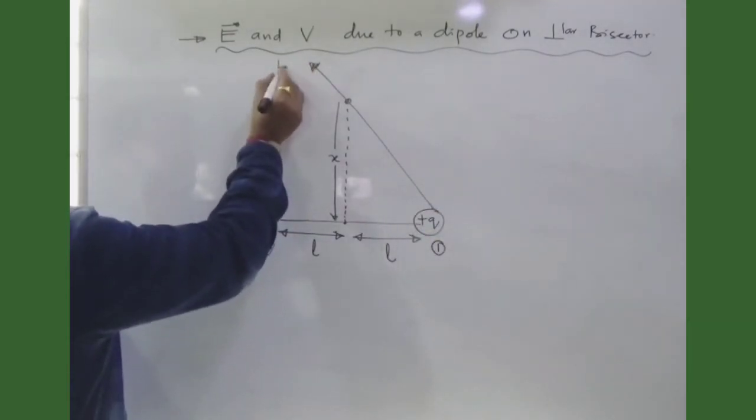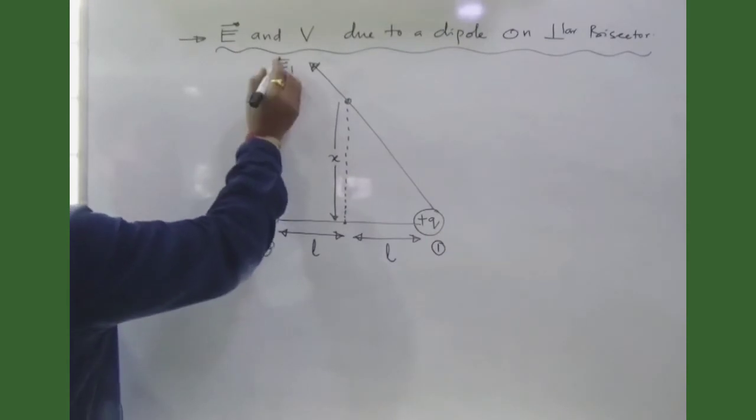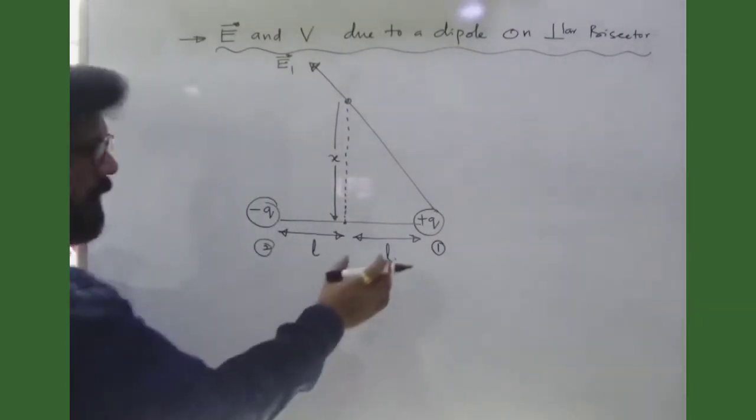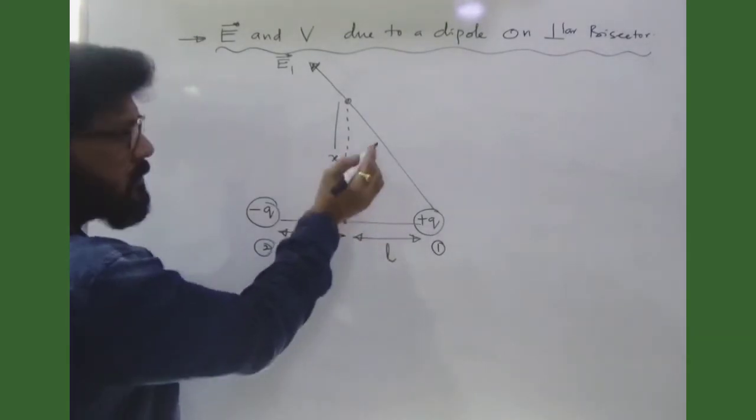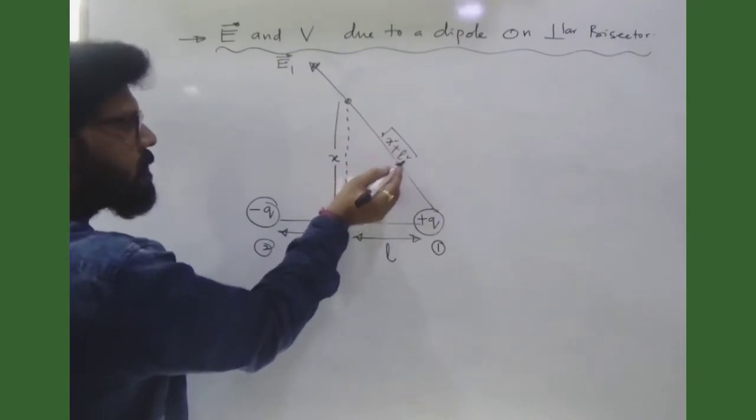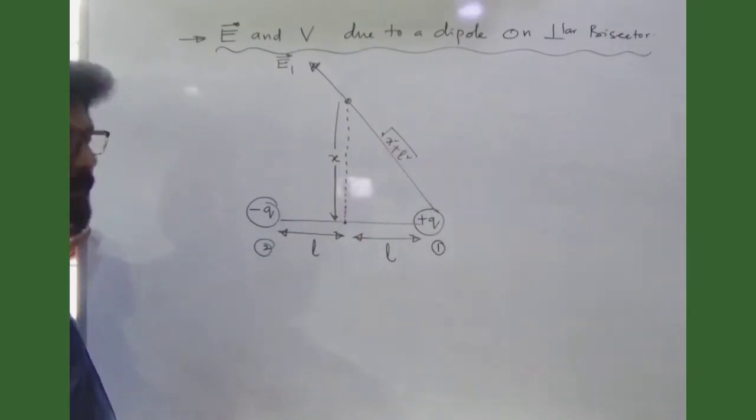This is E1, the electric field intensity away from the positive charge. If I take L and X, this distance will be under root of X square plus L square.